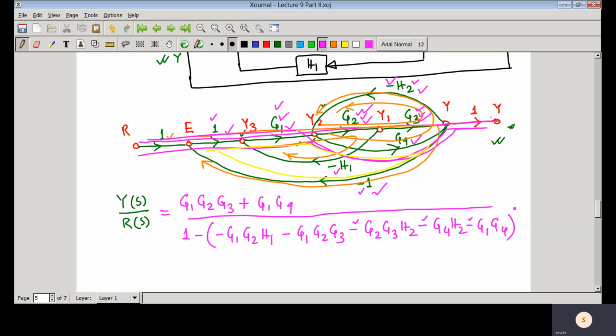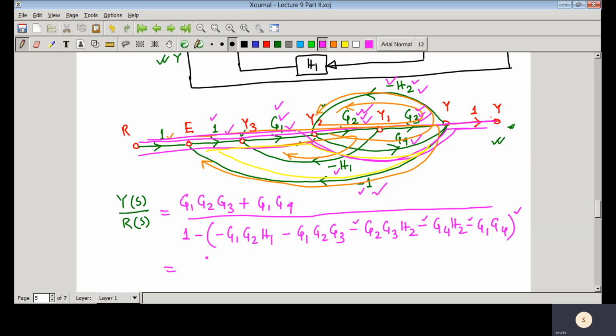These are all the individual loops, and from this signal flow graph you can see that there are no 2 non-touching loops or 3 non-touching loops, so we can stop here for delta.